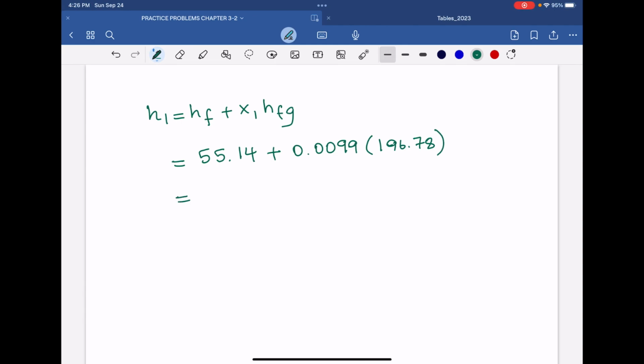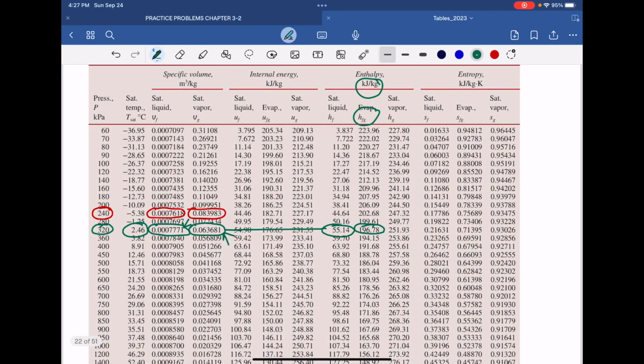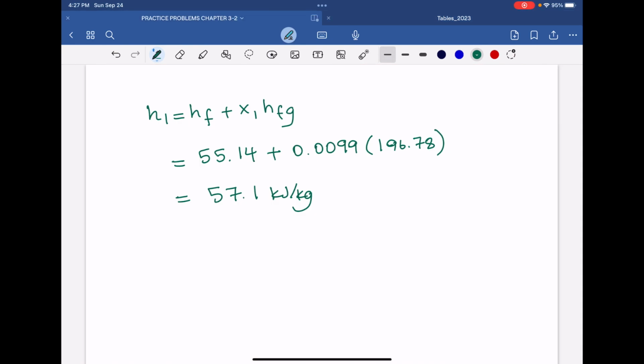Okay, and if you do that calculation, it should be 57.1 kilojoule per kilogram. And the units of enthalpy you can read from the table. And of course this is a specific enthalpy. Okay, so we found specific enthalpy to be 57.1.